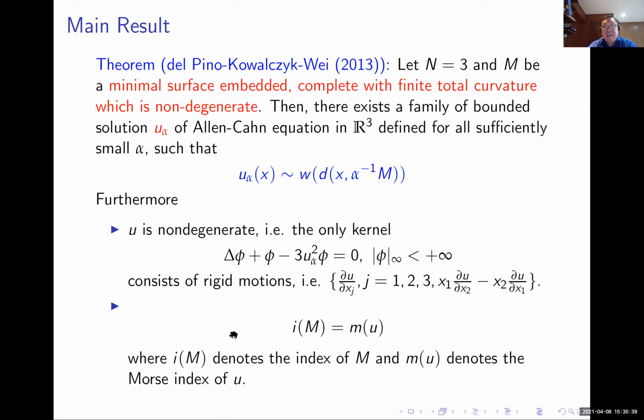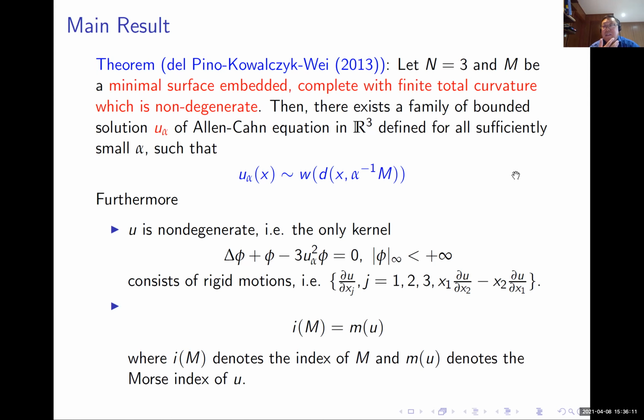And even more, we can say that the index of the minimum surface precisely equals the Morse index of u. So all the information of the minimum surface can be transmitted to the solution of the Allen-Cahn equation: the non-degeneracy, the Morse index, and the nodal set.